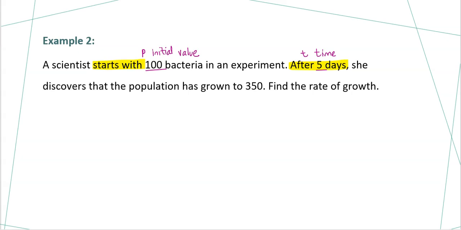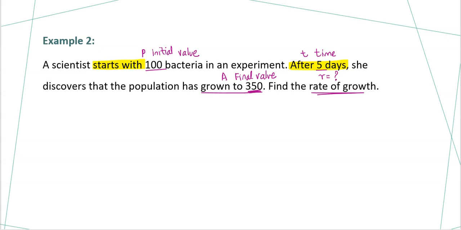After 5 days, she discovers that the population has grown to 350. So she started with 100 bacteria and after 5 days the bacteria become 350. So this is the final value, that is A. They ask to find the rate of growth, so you have to find r.